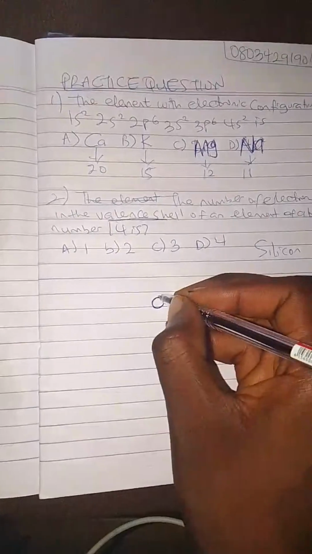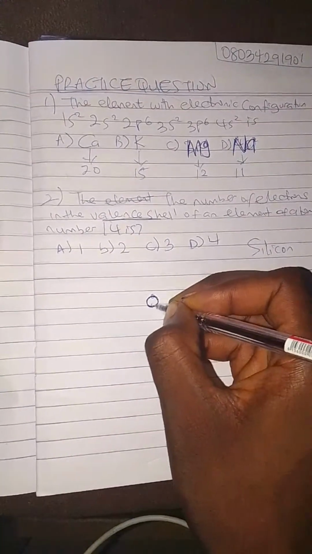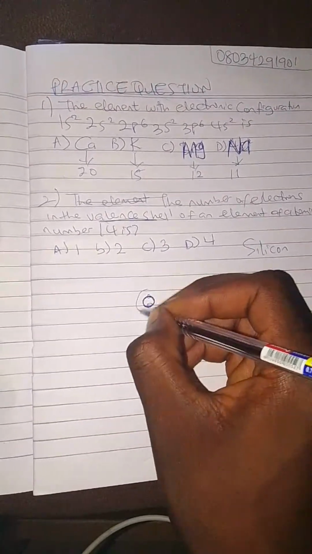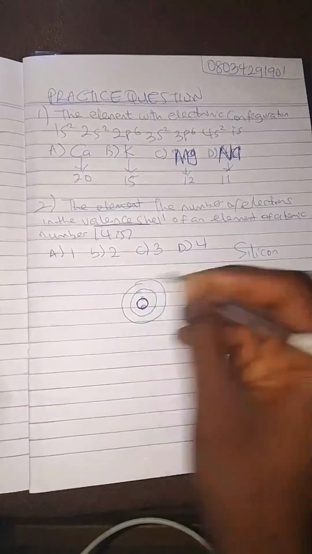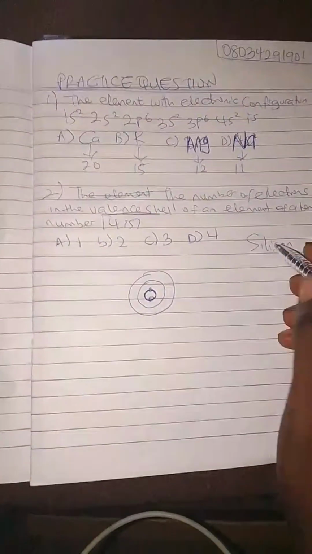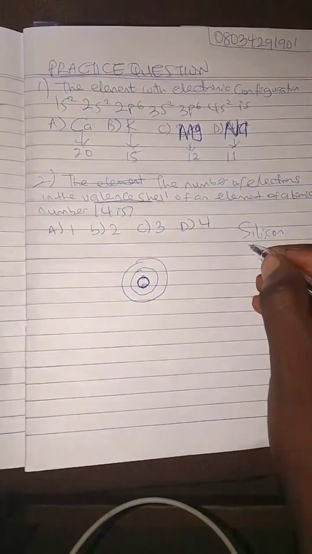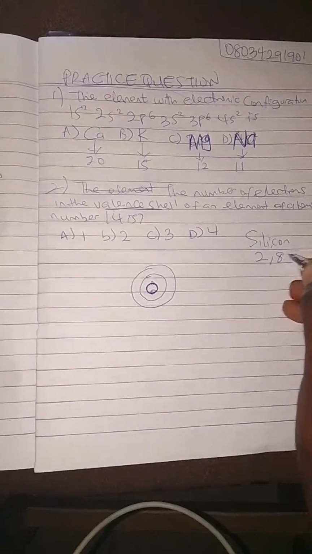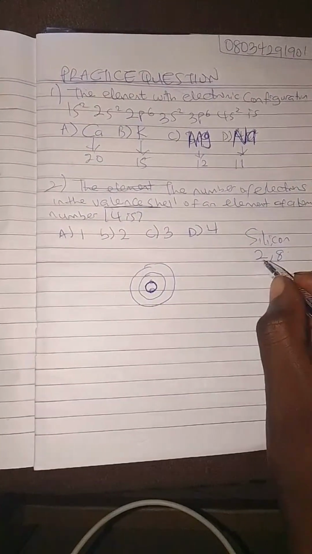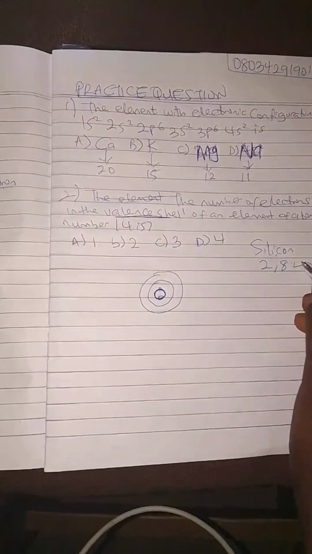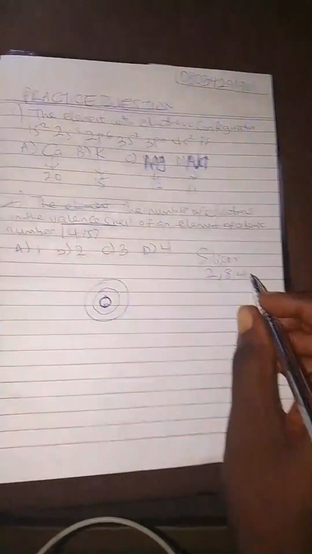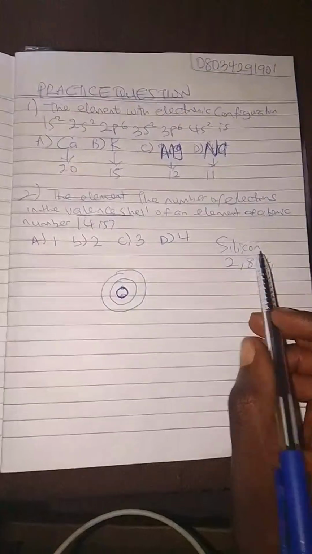We start with 2. Silicon is 2, 8, 4. How do we know that it's 2, 8, 4?